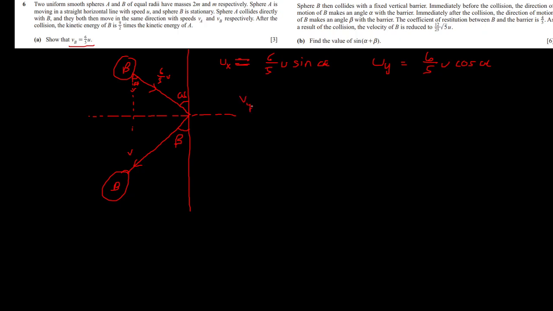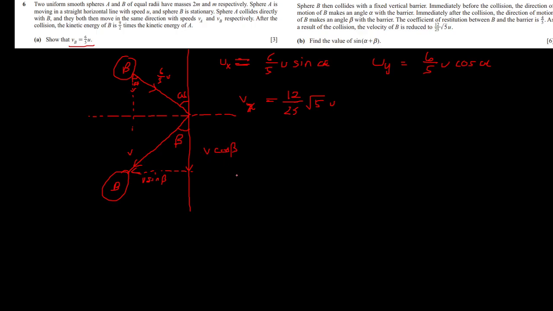Now Vx equals to, now velocity v is actually 12 by 25 root 5u. So we get 12 over 25 root 5u. And if this is angle beta, and this is the hypotenuse v, the horizontal velocity is going to be v sine beta, and the vertical velocity would be v cos beta.